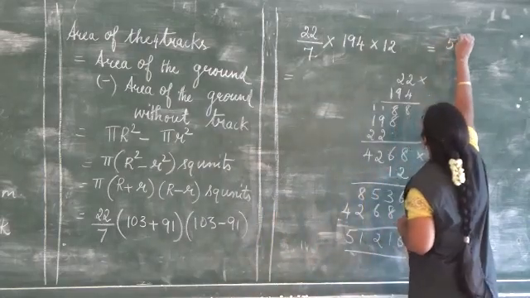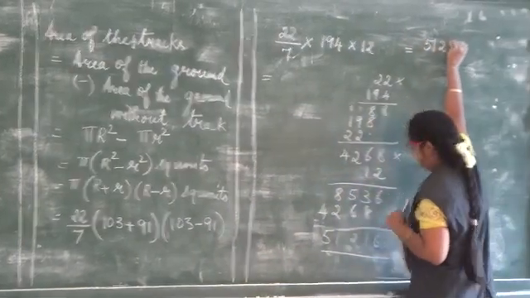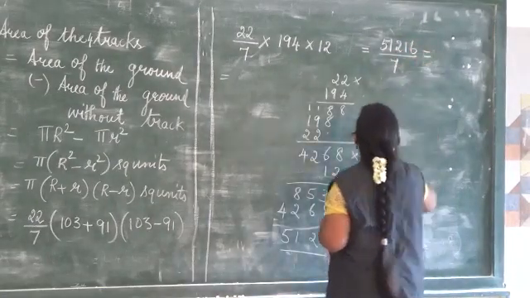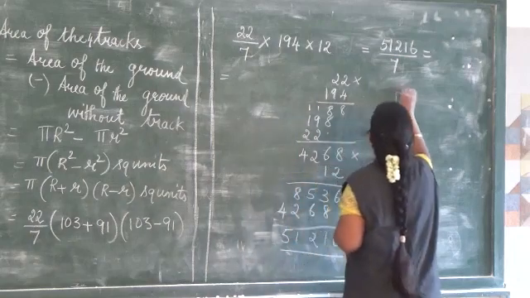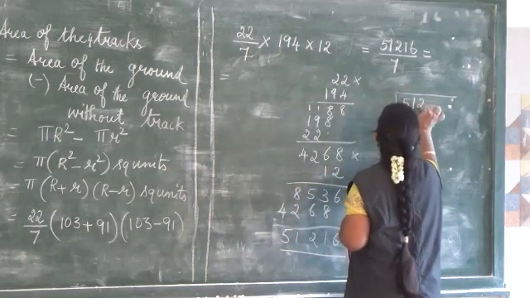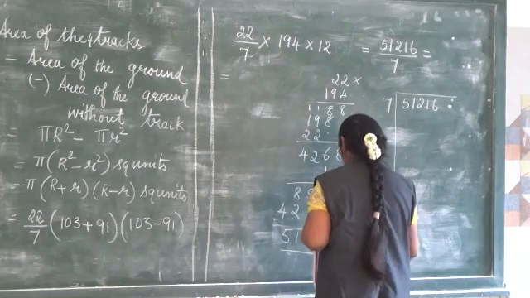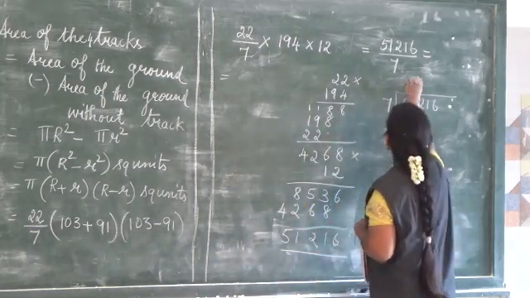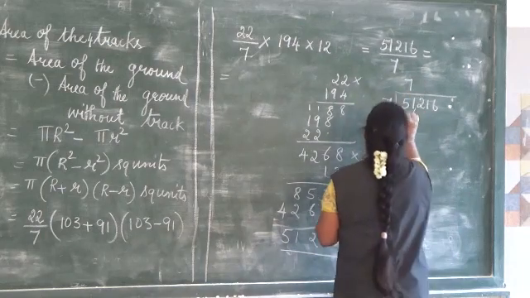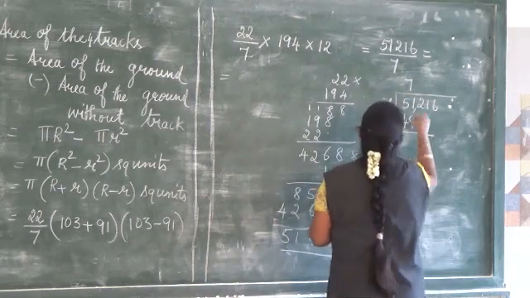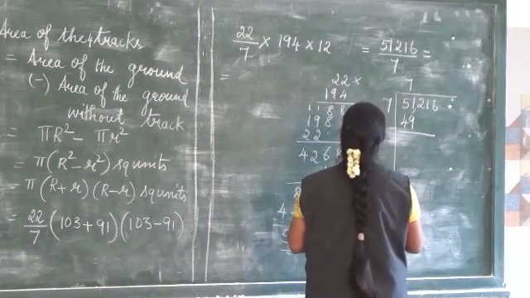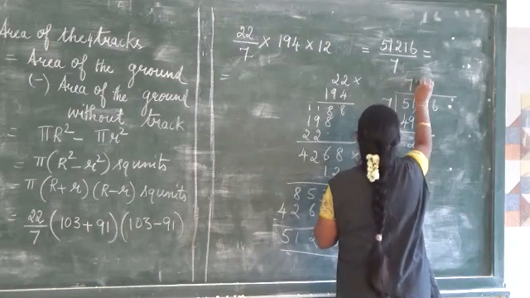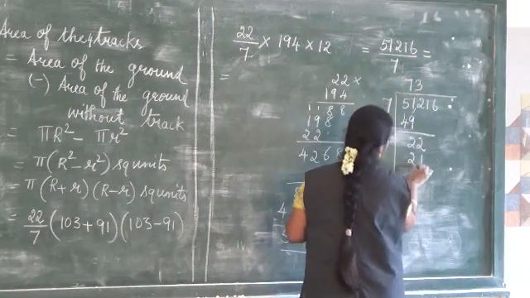So 51,216 divided by 7. So you are going to divide by 7. So if you are taking 7 sevens are 49. So 11 minus 9, 2, 22. So 3 sevens are 21.